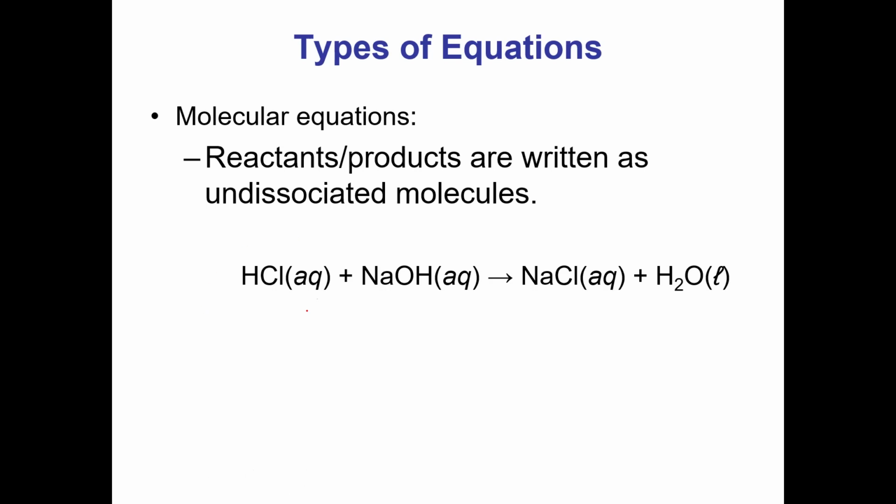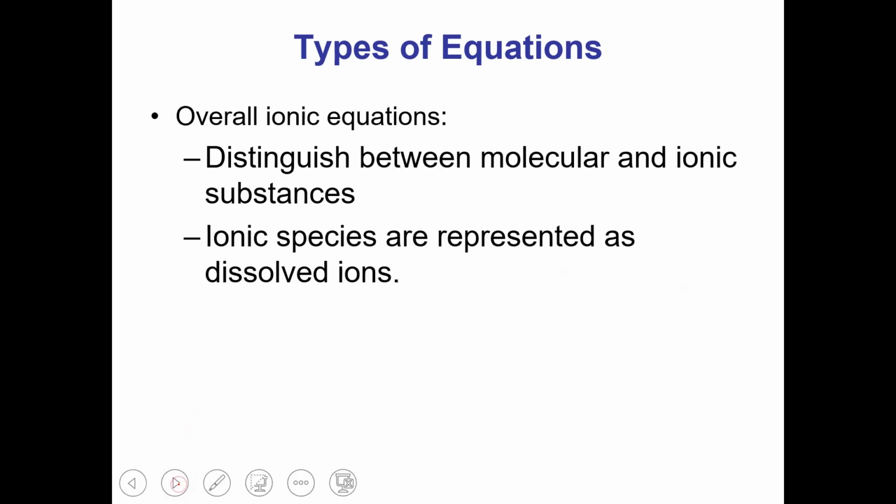So we write hydrochloric acid as a molecule, sodium hydroxide as a molecule, sodium chloride as a molecule, and water as a molecule. So this is a reaction that you see all the time. The overall ionic equation is where we distinguish between molecular and ionic species. We write the ionic species as their ions.